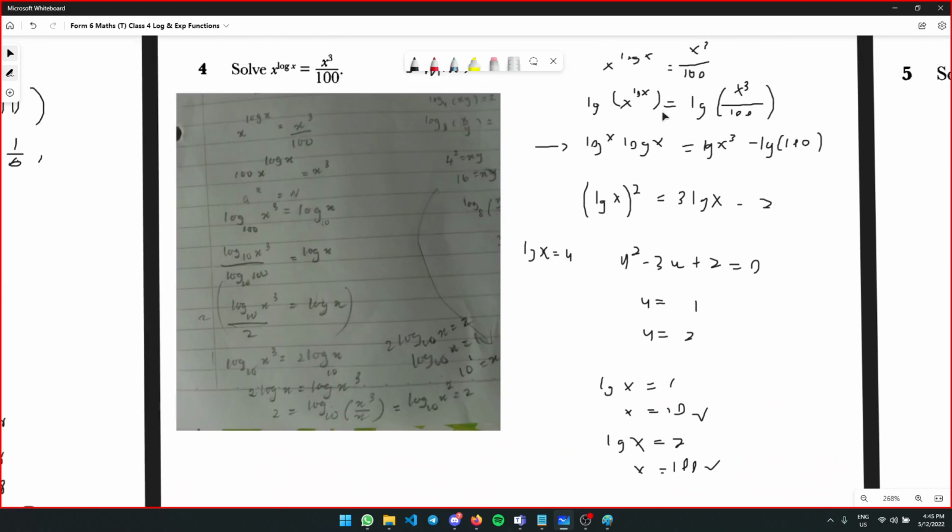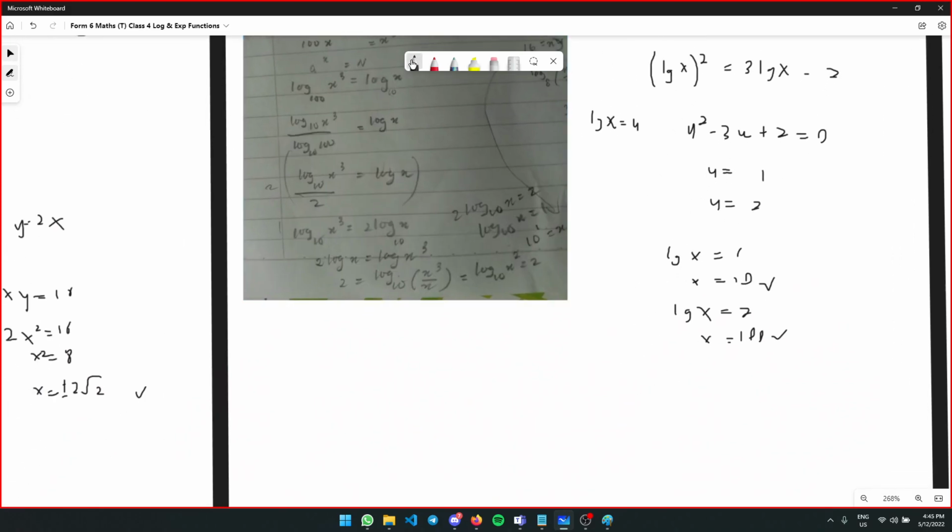So I log the whole thing again. Both sides you add log, so that'll be log of x to the power of log x, and also log of x cubed over 100.